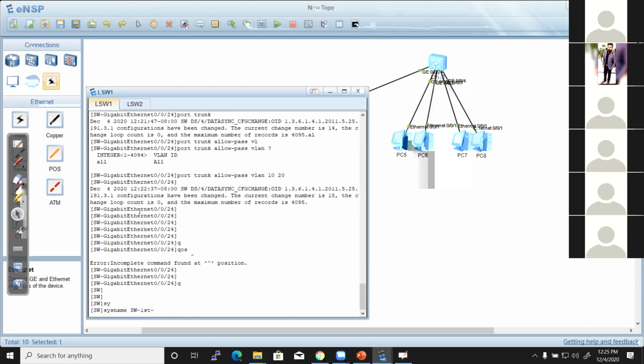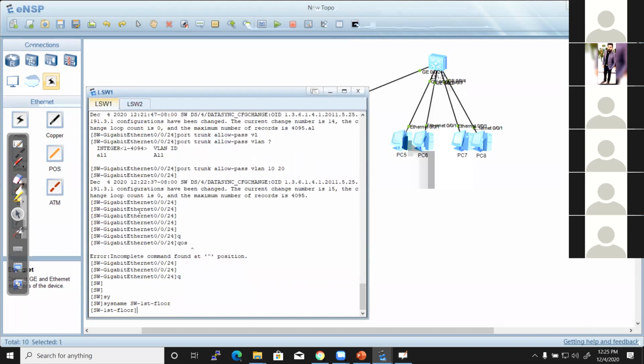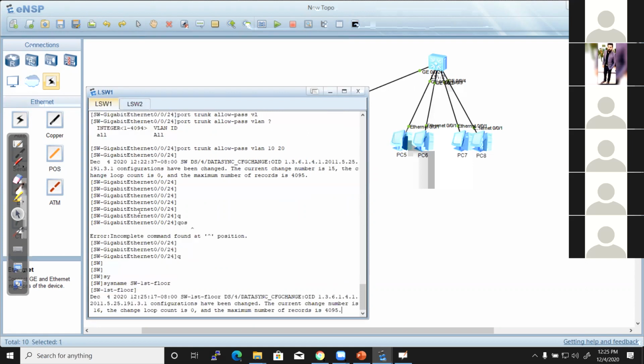So that's how you will distinguish that this is for the first floor switch, and obviously all the VLANs belong to the first floor. And obviously you might be using the network addressing scheme. So you need to understand which segment we have in the first floor and what segment we are using in the second floor for the IT guys. So that's how you can differentiate.